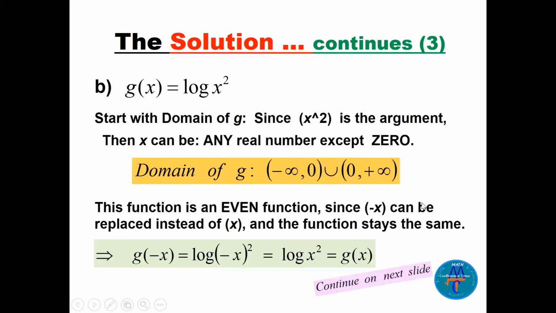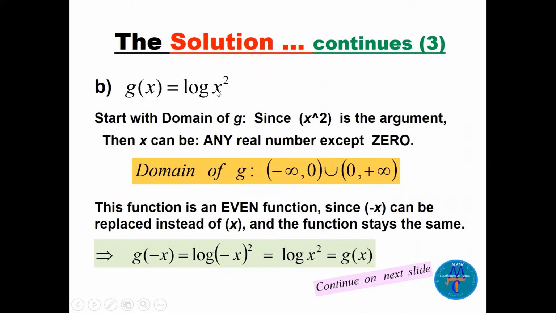So what do we do? We can look at the argument, x squared. So we can look at the domain of the function g, which will be all real numbers except 0. So it will be the negative part union the positive part. Also, we can see that this function is an even function.